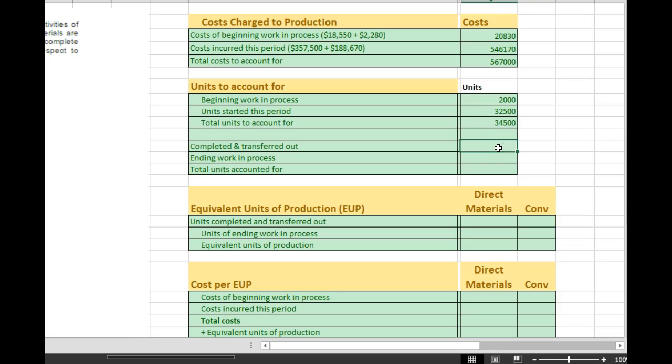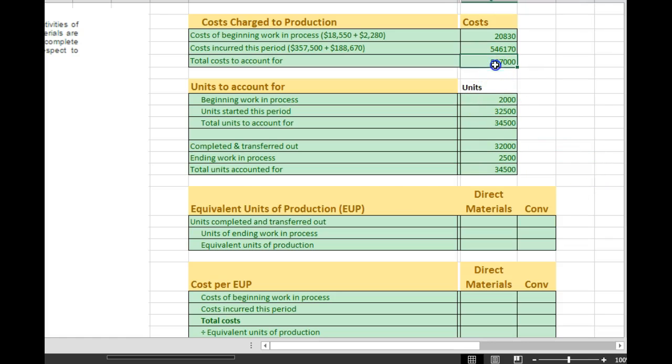Now let's move down and see what was completed and transferred out. So look in the lower corner and you'll see 32,000 were transferred out. And we had in ending work in process 2,500. And that should come to 34,500.